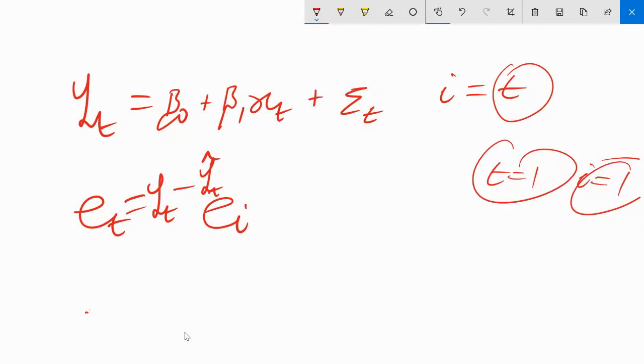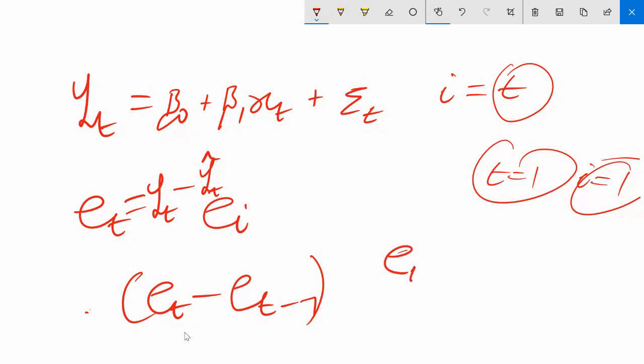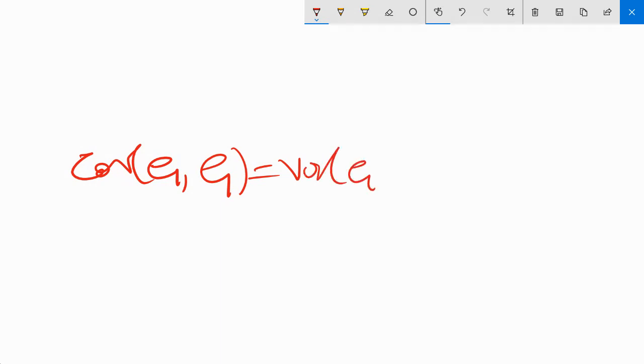And again, I want to explain the part of Et minus 1. It's simply because, remember, Et or Ei, the covariance of E1 is the same as the variance of E1.